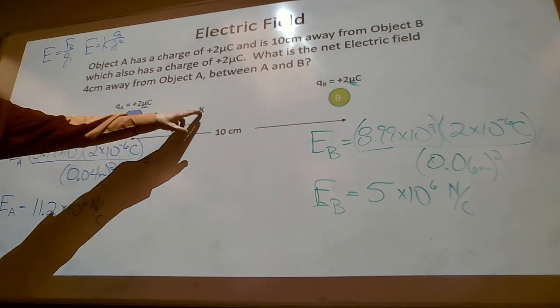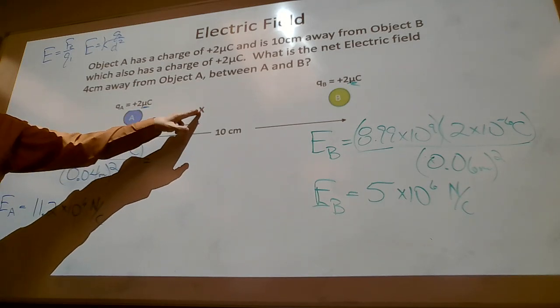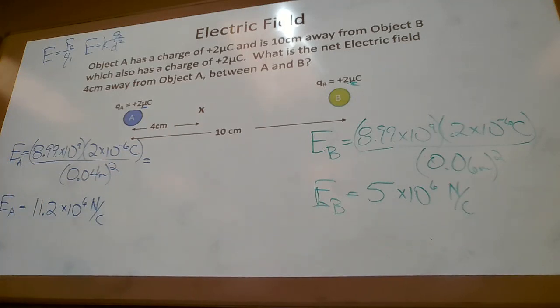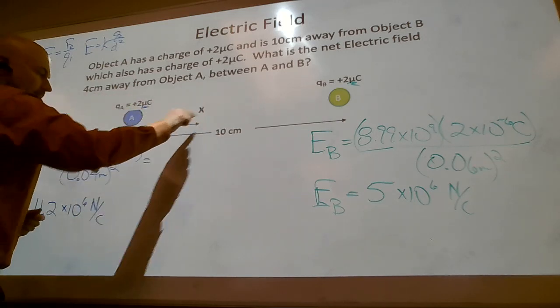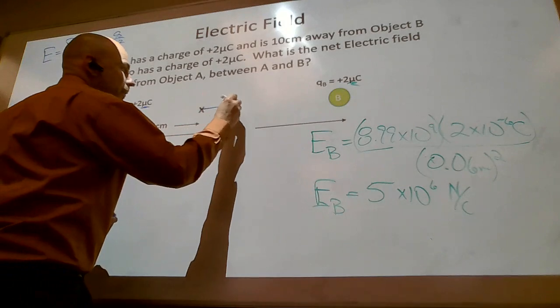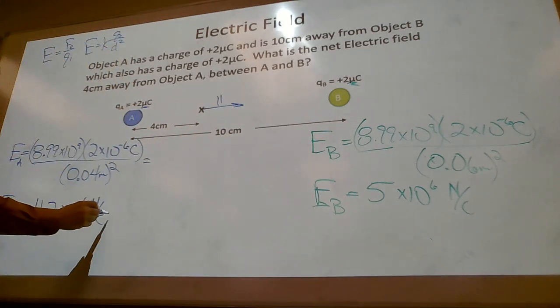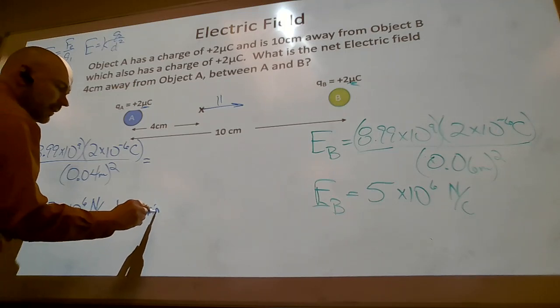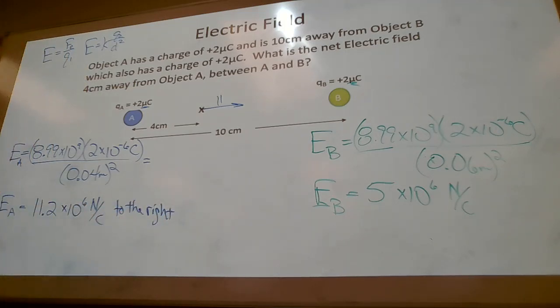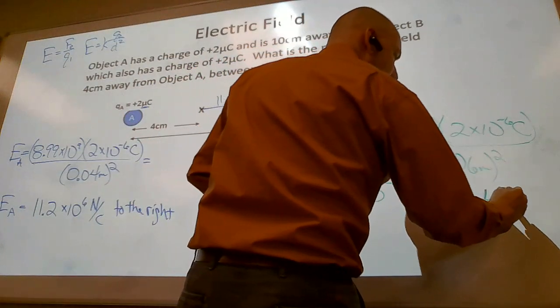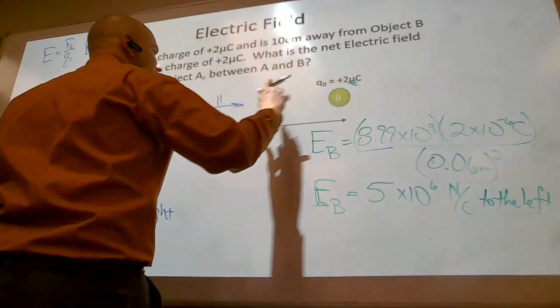The field at point X from A, is it directed to the right or to the left from object A? Show me. Outward sunshine, it's going to the right. So to the right. And the electric field from B at point X is going which way? To the left. Outward sunshine.